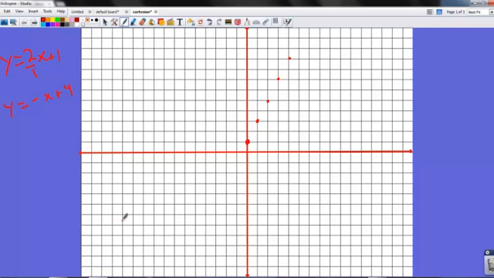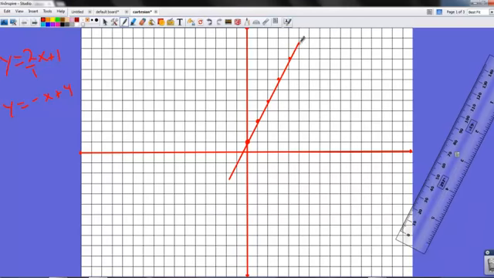Technically, you're supposed to connect the dots and make a line. So I shall go ahead and do that. Yeah, that's nice and pretty.